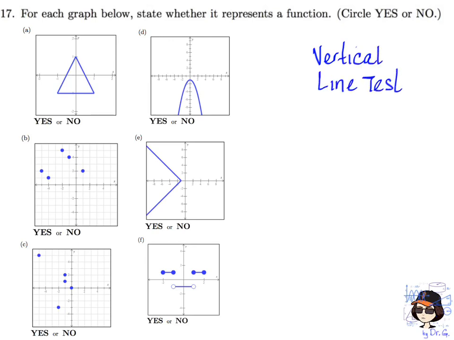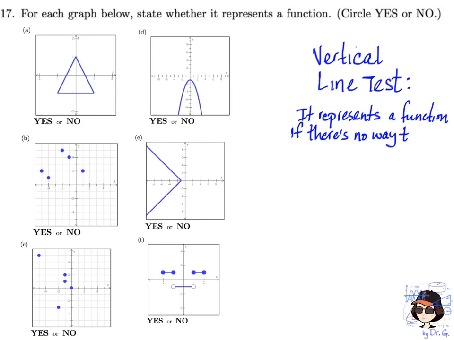The vertical line test, when we're given a graph, we can test the graph to see if it's a graph of a function using vertical lines. The vertical line test says that the graph represents a function if there's no way that a vertical line can cross it more than once.